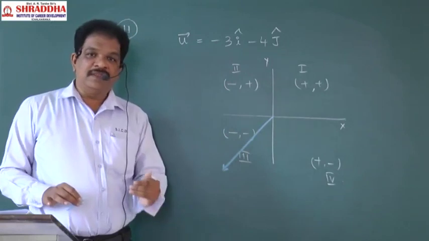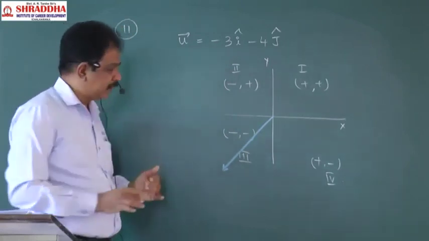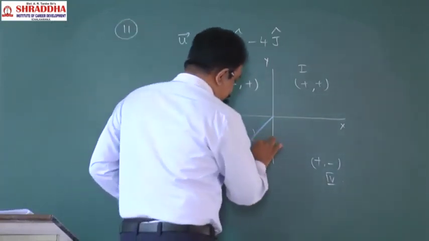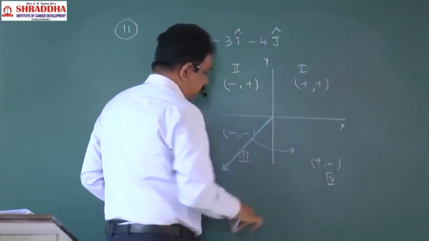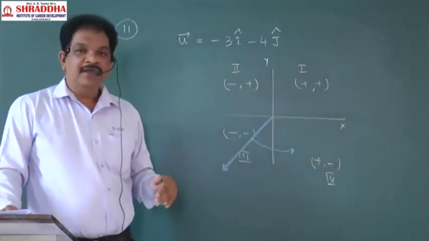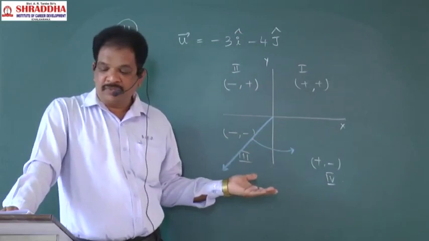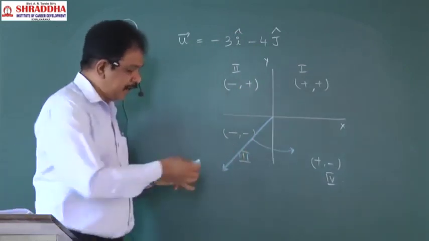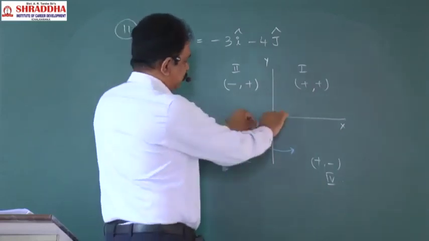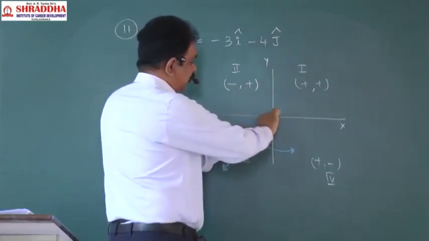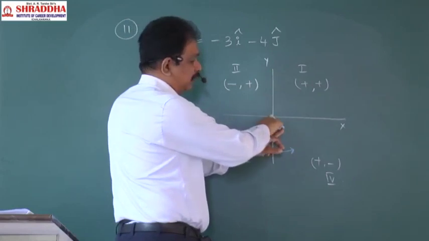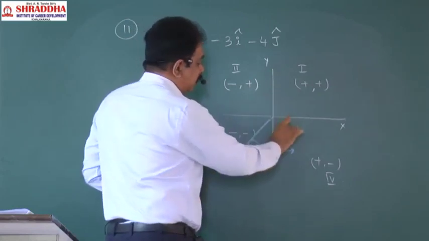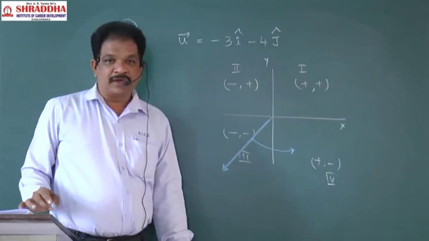If it moves in the anti-clockwise direction like this, next it will come into which quadrant? Fourth quadrant. It is moving in the anti-clockwise direction, so next it will come into the fourth quadrant.